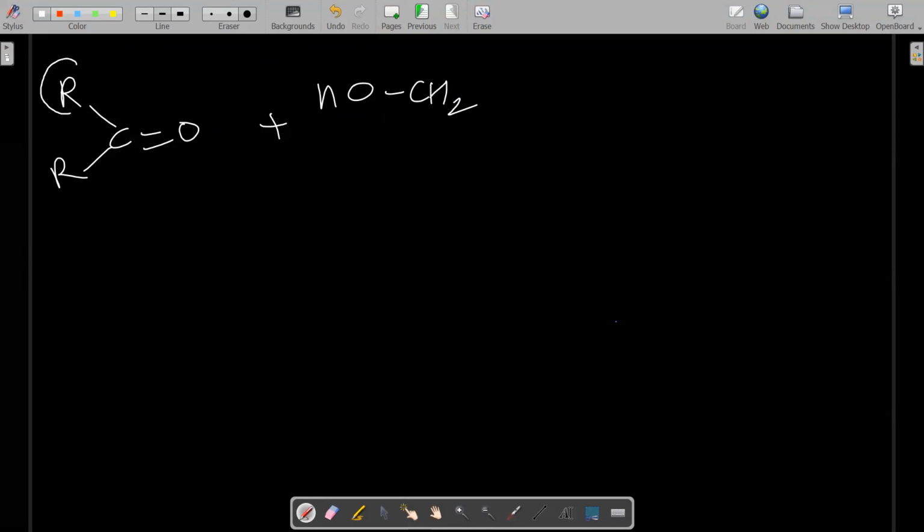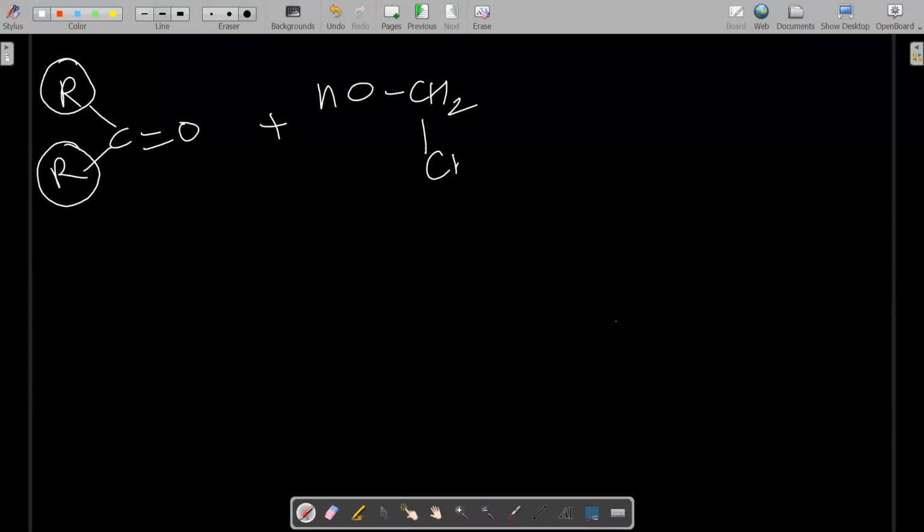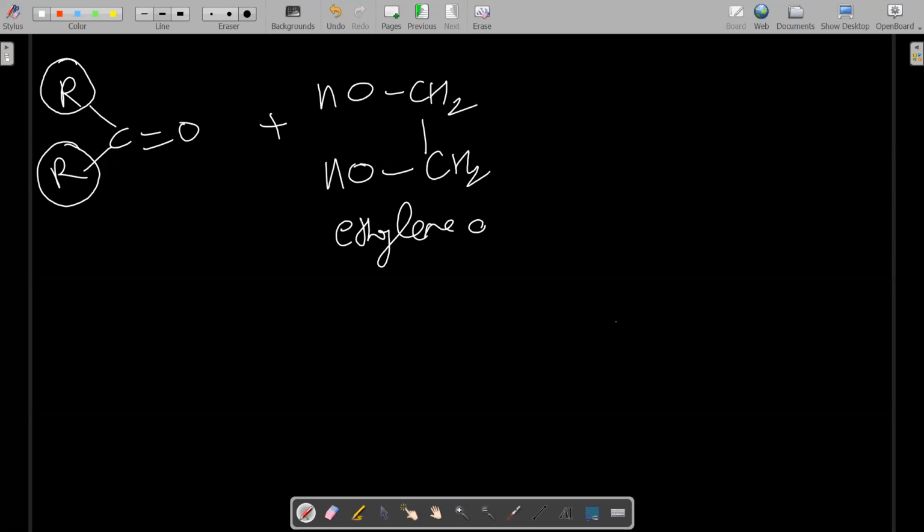Ketone does not react with monohydric alcohol because of steric hindrance. Due to the presence of 2 bulkier R groups, steric hindrance occurs. But all ketones react with dihydric alcohol. This is dihydric alcohol. What is the name of this dihydric alcohol? This is called ethylene glycol. ठीक है? So this ketone reacts with dihydric alcohol.